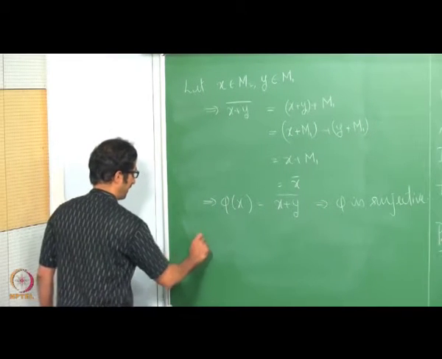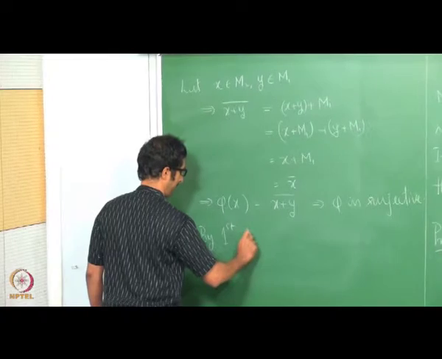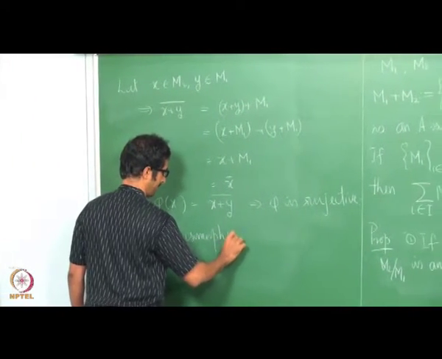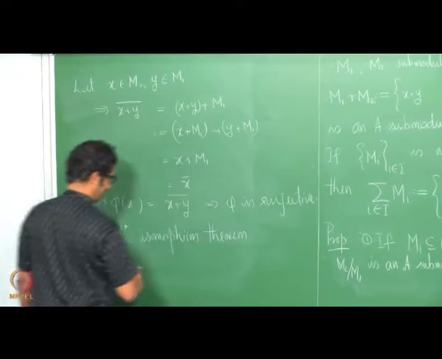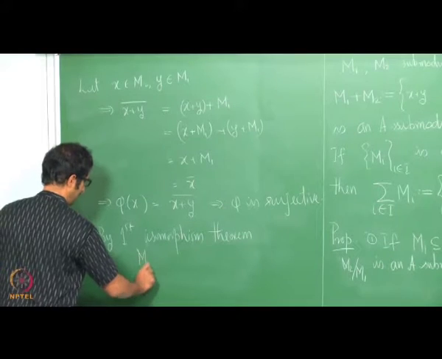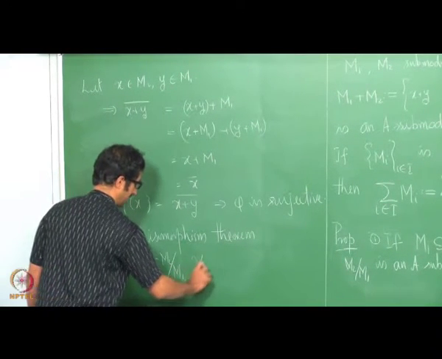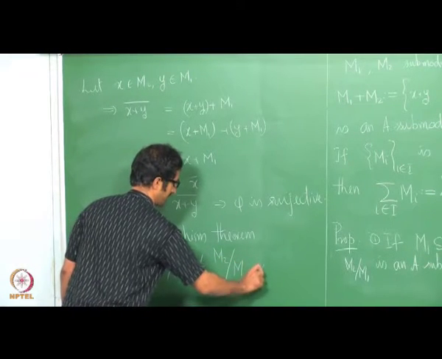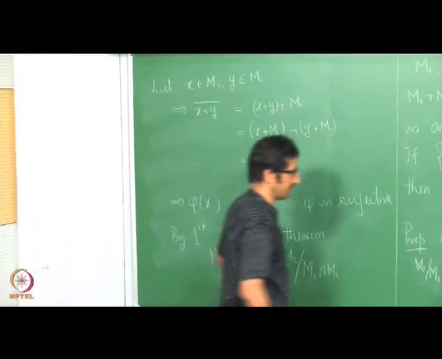Therefore, by the first isomorphism theorem, M1 plus M2 mod M1 is isomorphic to M2 mod M2 intersection M1. We have already shown that the kernel is M2 intersection M1.